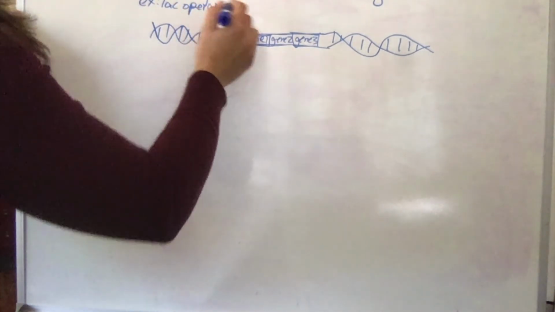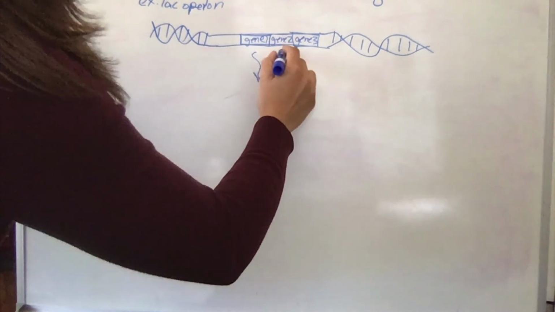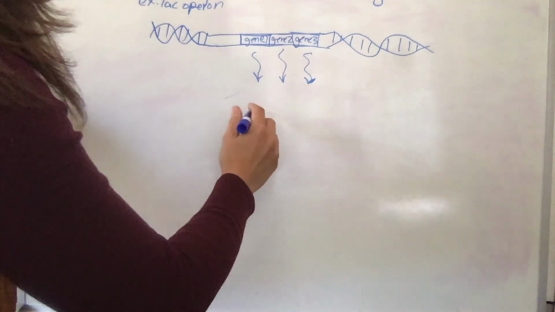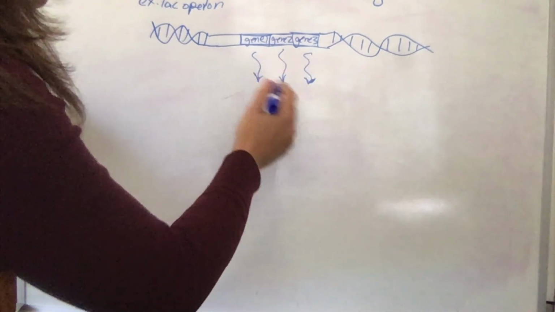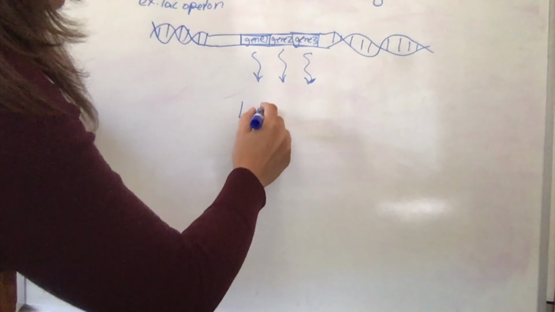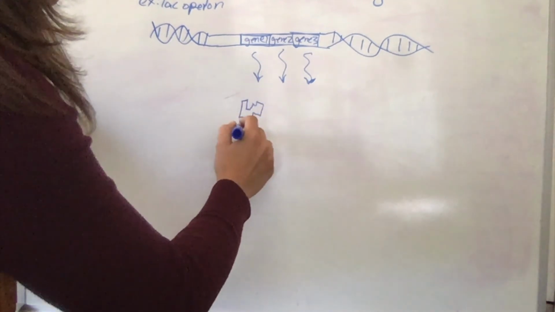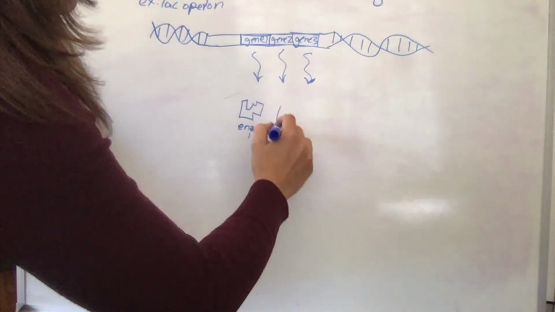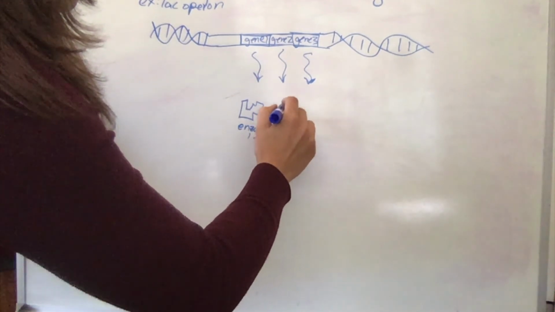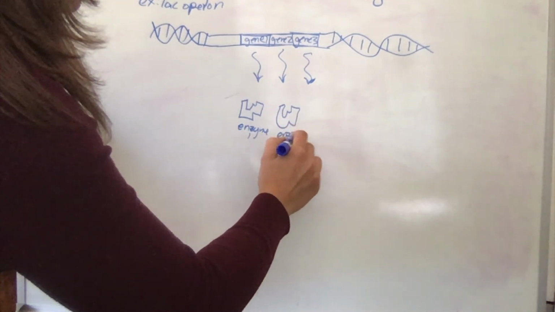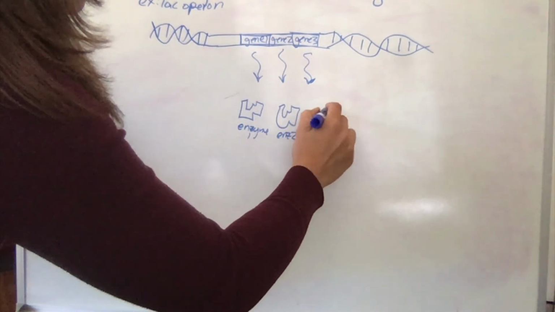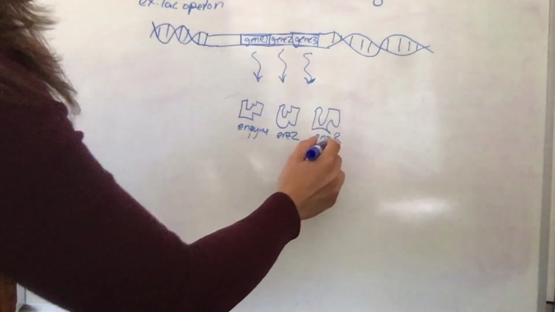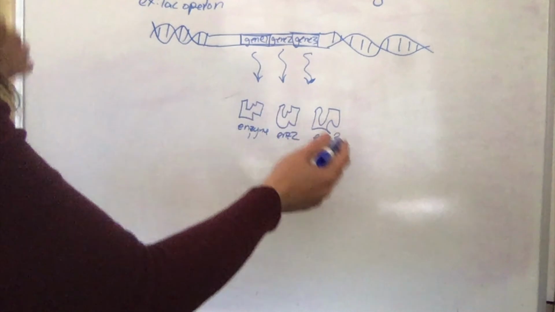I won't go into all the detail here, but when the cell has lactose present, these genes will be expressed, and that means transcribed and translated into different enzymes: enzyme 1, enzyme 2, enzyme 3, that are all involved in breaking down lactose.